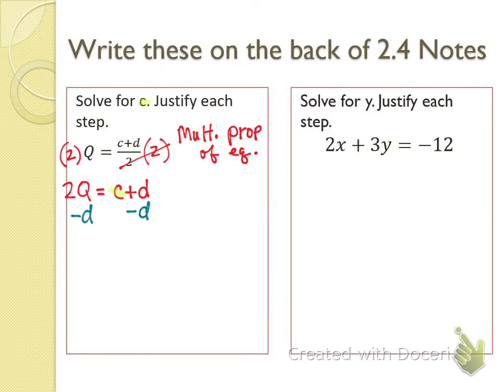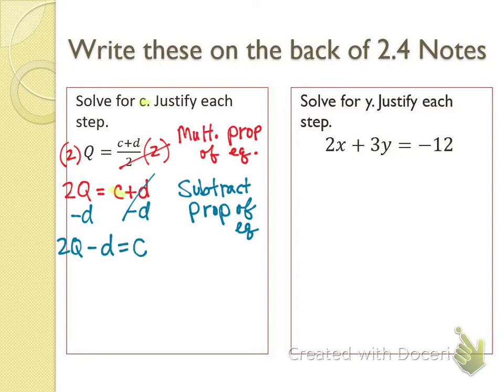Subtract D? So don't write sub, make sure you write subtract, because there are two sub-properties. Subtraction property of equality. This cancels letter D out on the right. Can I subtract the letter D from the letter Q? Cannot, so I'm just going to write them next to each other. 2Q minus D equals C. You can leave it like this, or you can flip it.